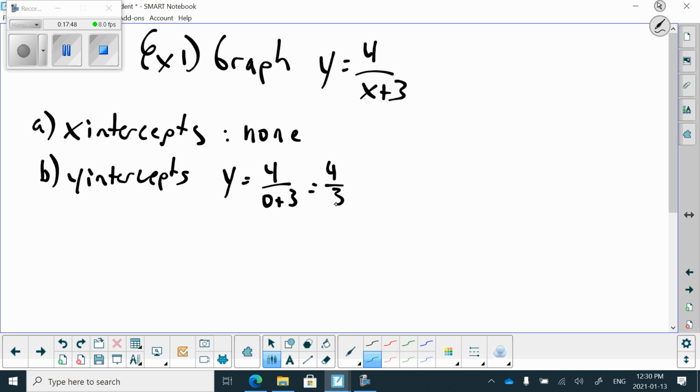So then as an ordered pair, what's x equal to? What did we say x equals? 0. Yeah, and 4 over 3. Exactly. So then it's a fraction and all that. You just make your best estimate. Make it look reasonable. That's all good.